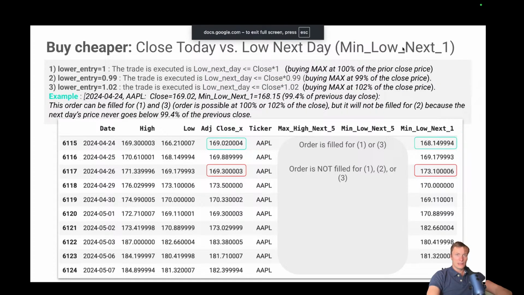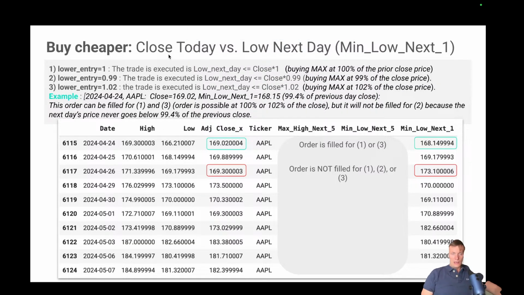The next thing is when we try to buy cheaper. The parameter that will be used in simulations is called lower_entry, and it can be lower, it can be higher.